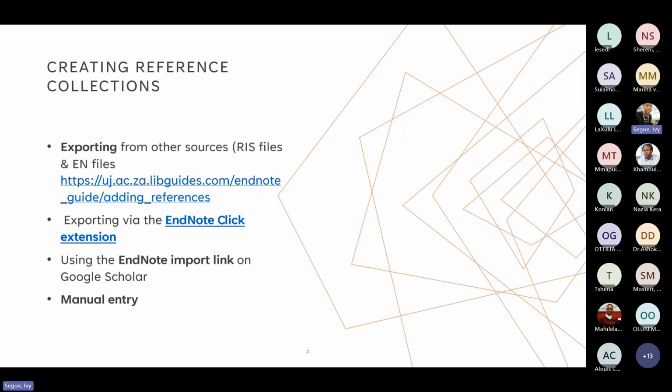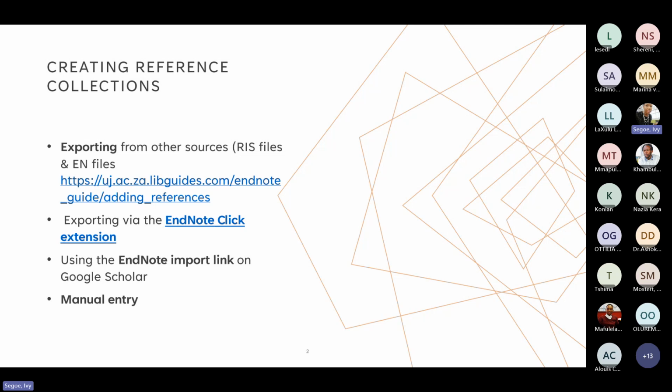Now, one of the easiest and I think one of the convenient ways of creating reference collections is exporting from other sources like the many library databases that we have. So you will see during the live session that it is possible to already export articles as you find them on the library databases into EndNote.